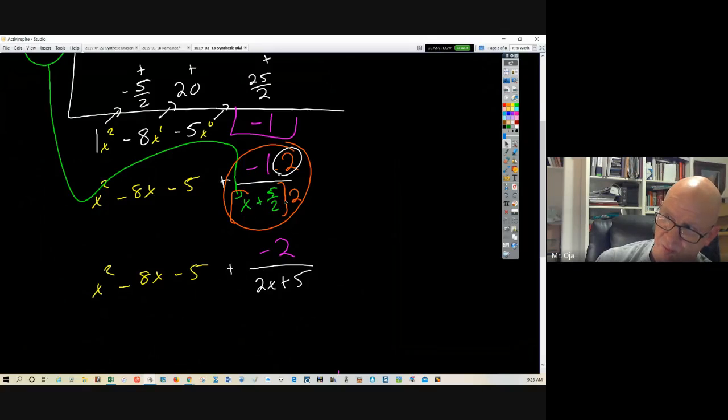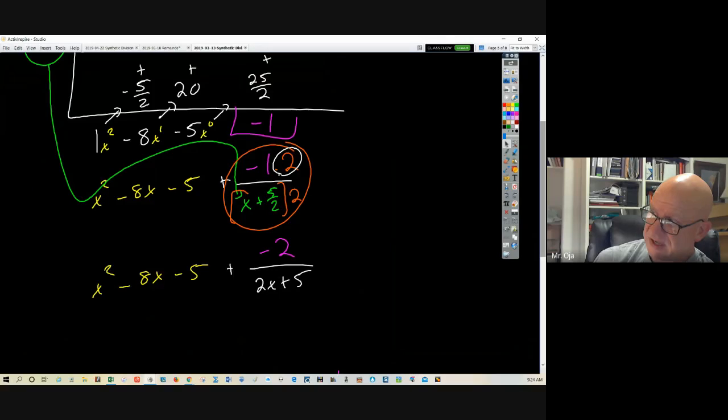What would I have to multiply the bottom by to clear all the fractions? It'd be the least common denominator. There's only one denominator, which is a 2. So we'll just distribute a 2 through. 2 times x is 2x. 2 times 5 halves is 5. On the top, 2 times negative 1 is negative 2.